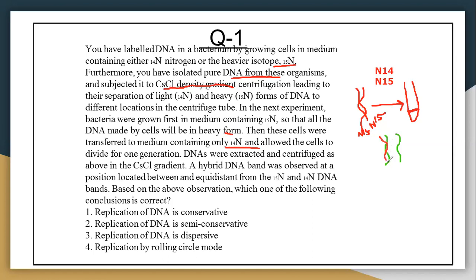So it will be a combination of the two, because in the first generation one bacterium will produce two bacteria.